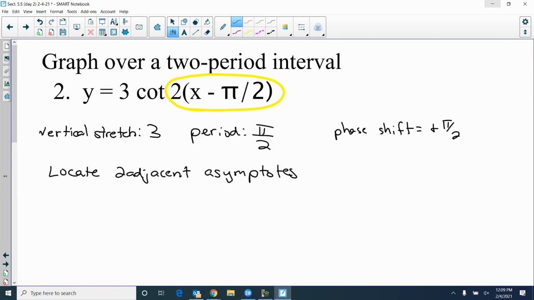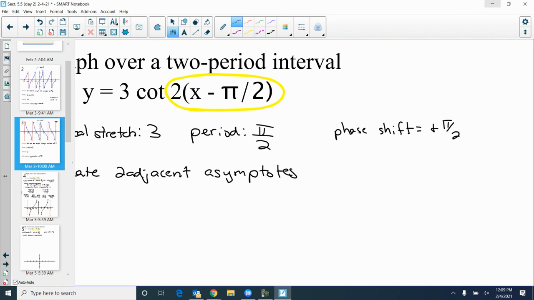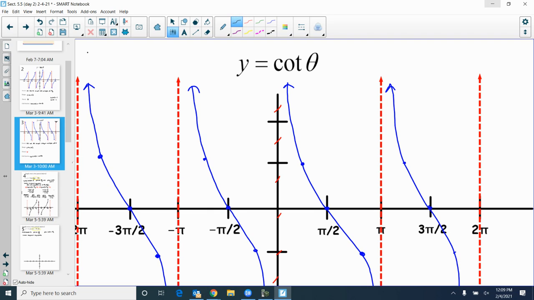All right, yes, exactly. Now, what are the two original asymptotes for cotangent? Okay, let's use 0 and then just stick with the positive one. So set it equal to 0 and set it equal to pi.